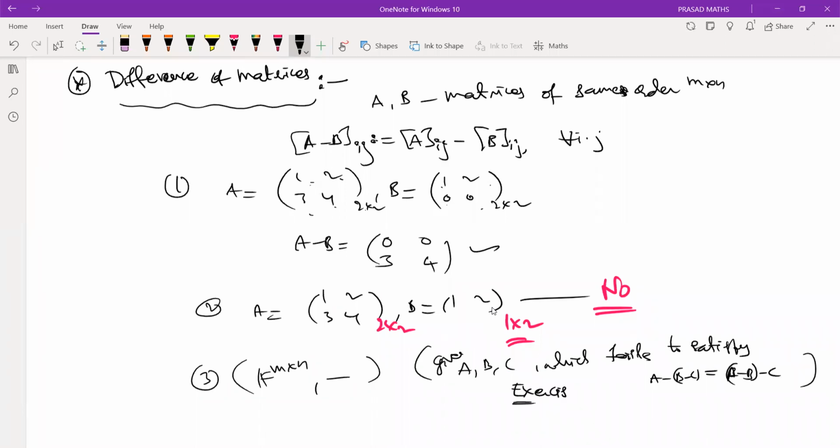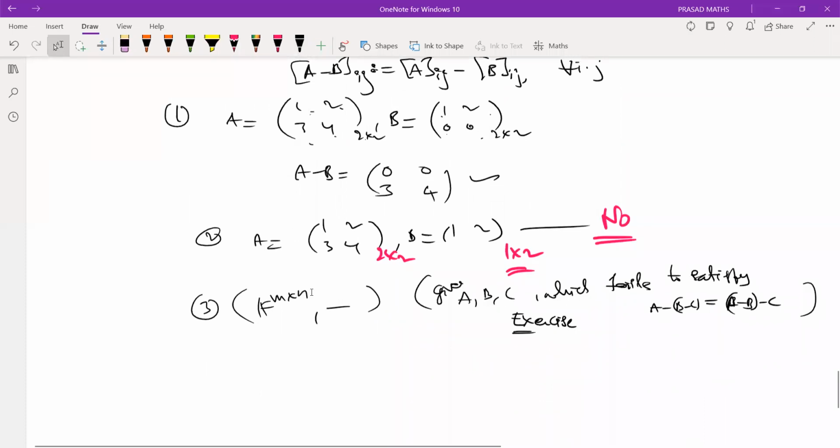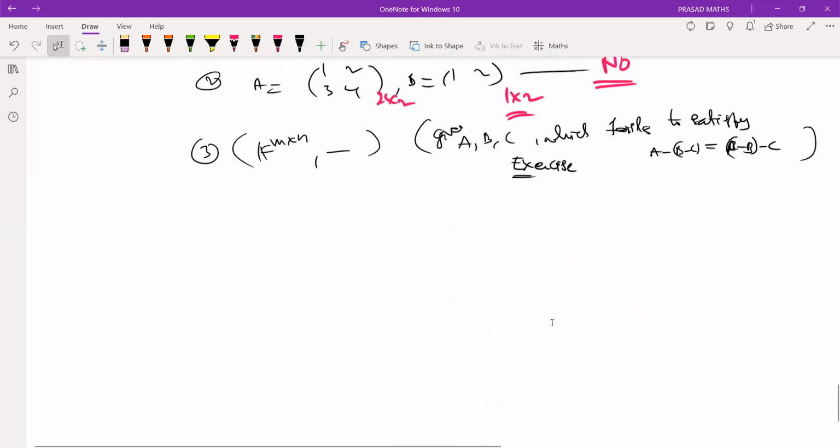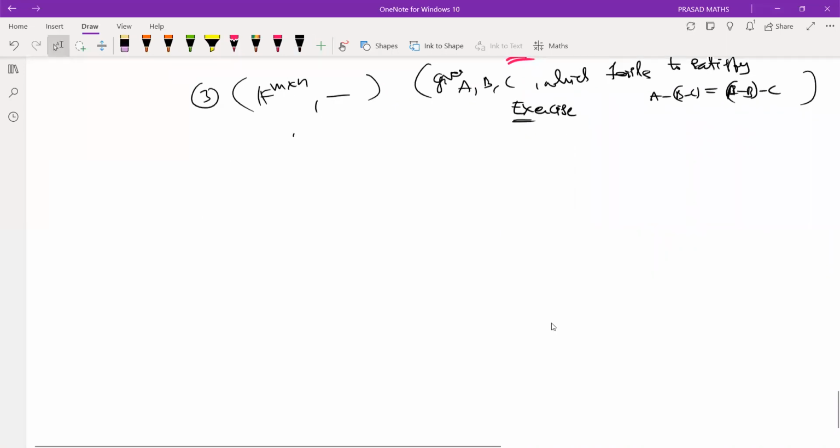You need to check whether they are equal or not. So of course it fails to satisfy the associative property. You need to check it. Right? It's not a group.